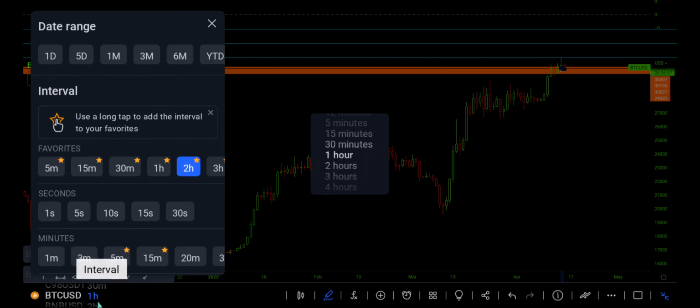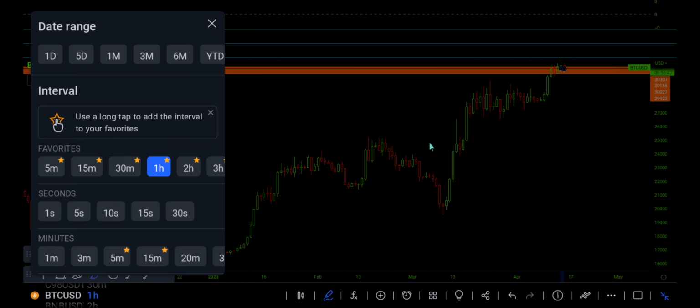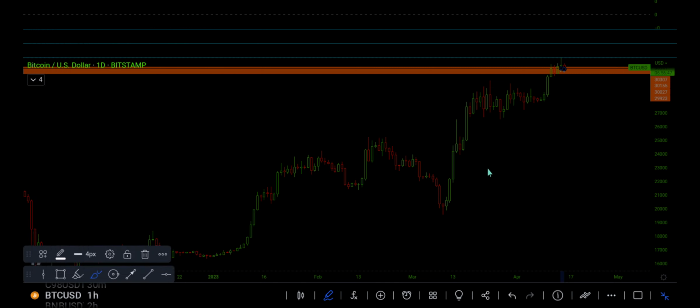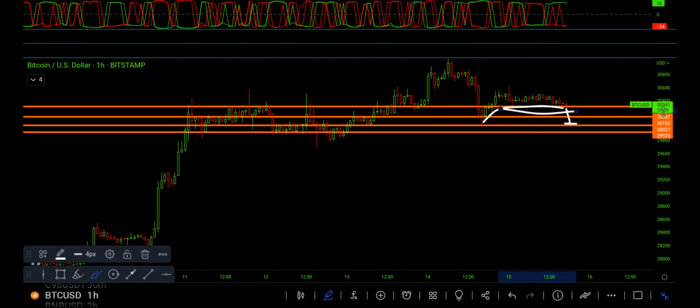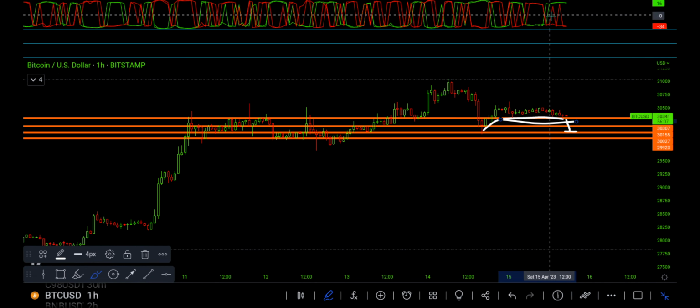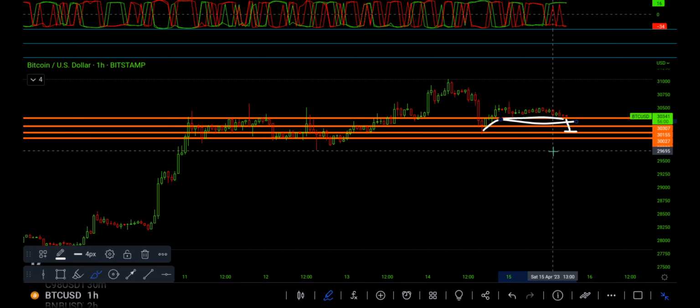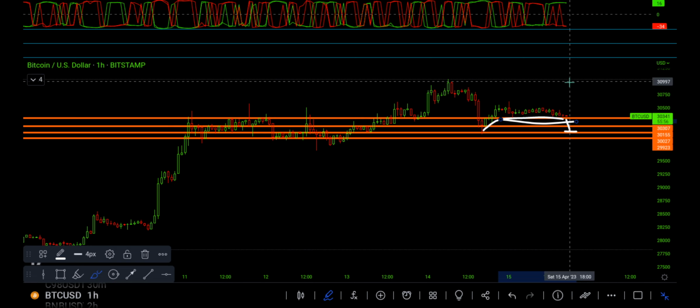And let's go back to the 1 hour. Come on. Alright, so probably what's gonna happen, because we have a double bottom, and that was one try 2 right there.